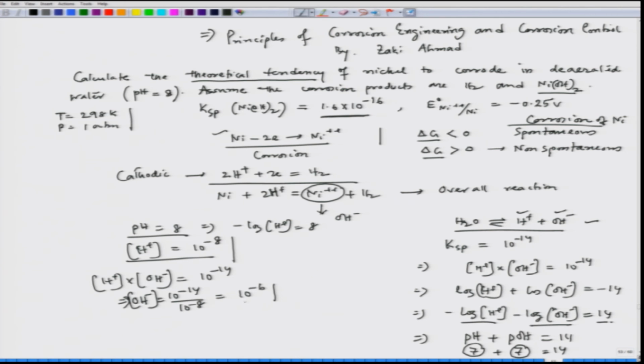Now, once we find OH minus, this OH is available to react with Ni plus plus, and when they react they form Ni(OH)2. So, now it will also have its own equilibrium.